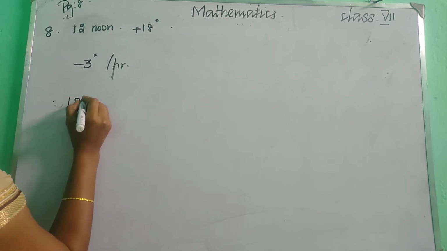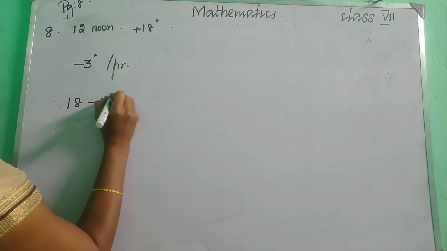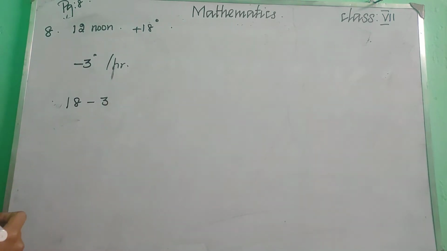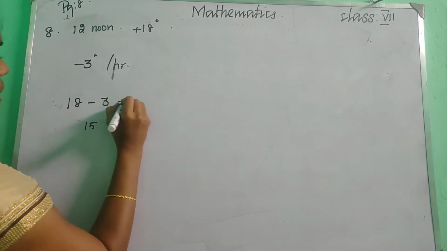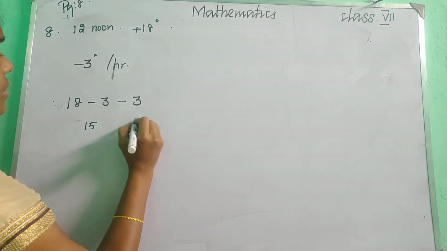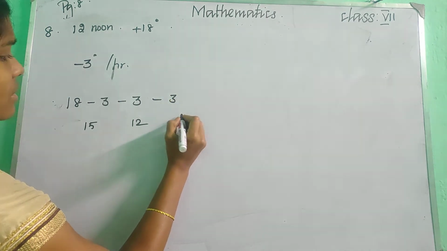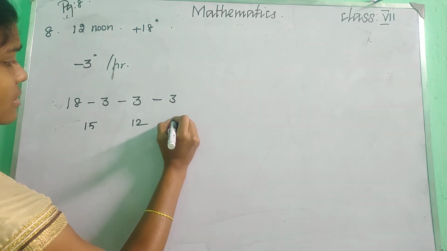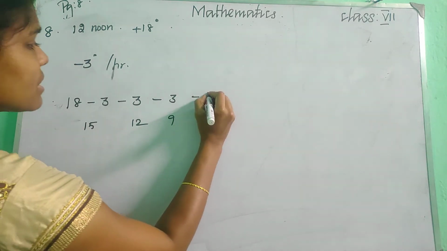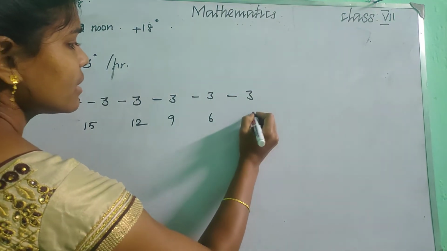18 degrees minus 3, what will you get? 15. Again minus 3, 12. Again minus 3, 9. Again minus 3, 6. Again minus 3, we'll get 3.